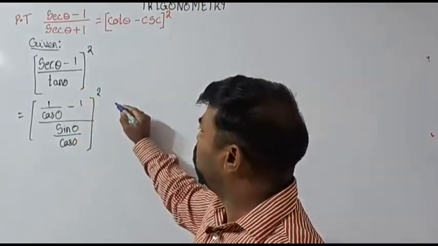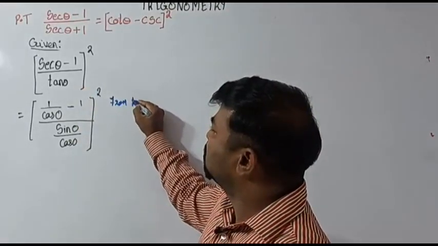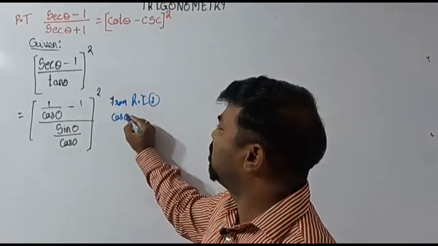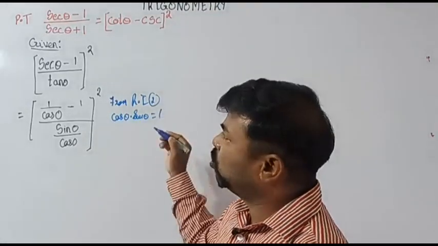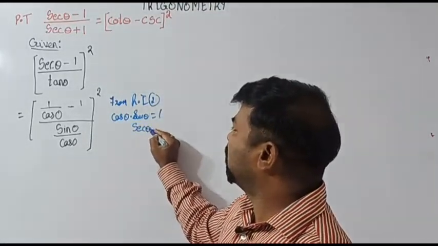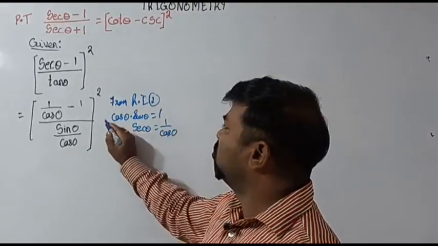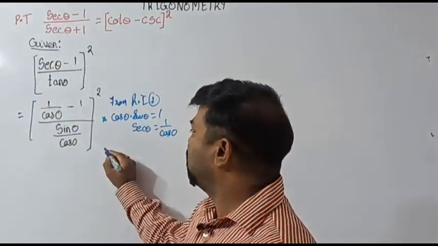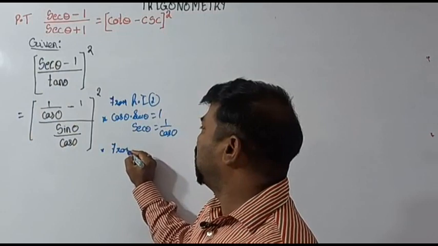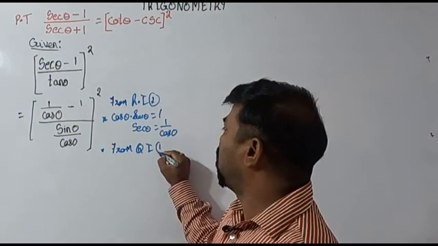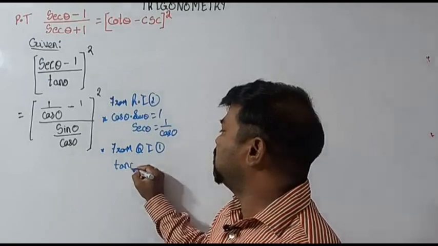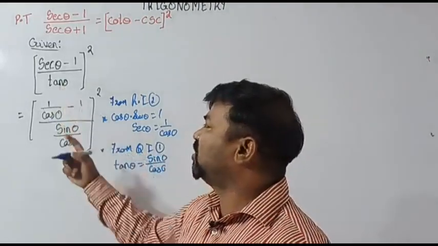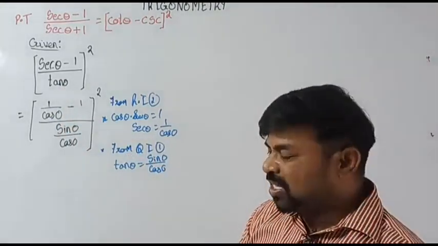From reciprocal identity 2, we know that cos theta into secant theta is equal to 1, so secant theta can be written as 1 by cos. That is the first point. And from quotient identity 1, we know tan theta is nothing but sin theta by cos theta. Because of that, I have converted tan as sin by cos using both these logics.